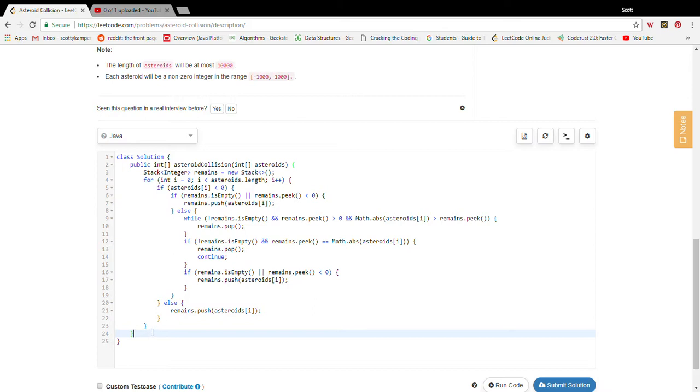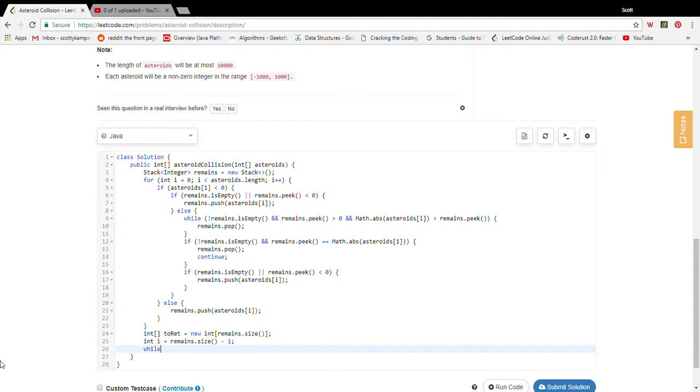All that's left to do now is set up some sort of a return value. Because we were supposed to return an integer array, and our elements are currently in the stack. This is all pretty boring.